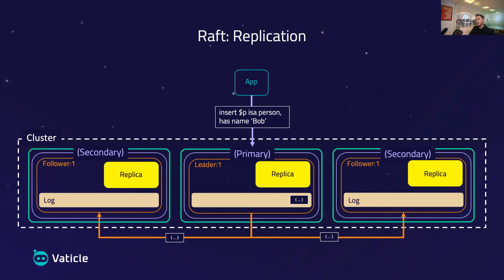So we're going to perform a query to the primary, which in this case is server 2, and this query or this activity will be stored in the replication log, and the leader will try to replicate this activity to the other remaining secondary replicas. So it's going to continue trying to replicate to server 1 and server 3.